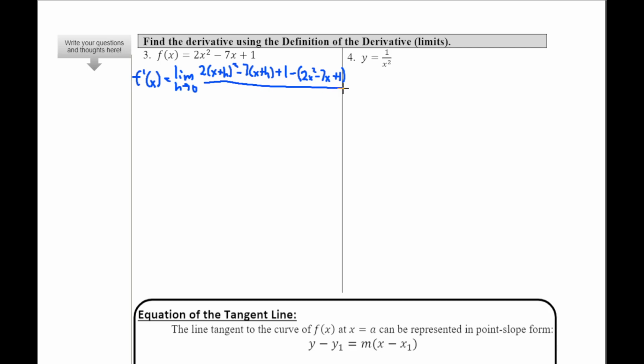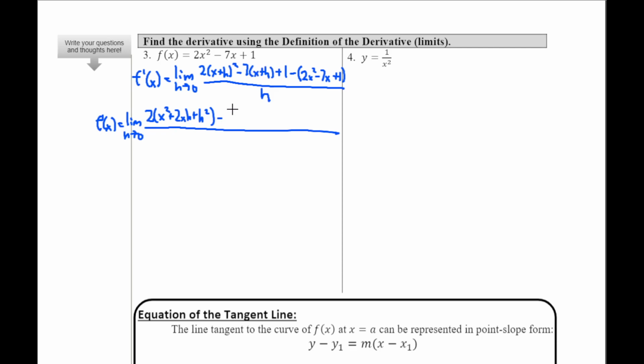All over h. Now here, you have to expand everything out. I'm going to write the f prime of x over here so I have more room. Limit as h approaches 0. Let's expand this whole thing out. So 2 times, if you factor out x plus h squared, that's x squared plus 2xh plus h squared.